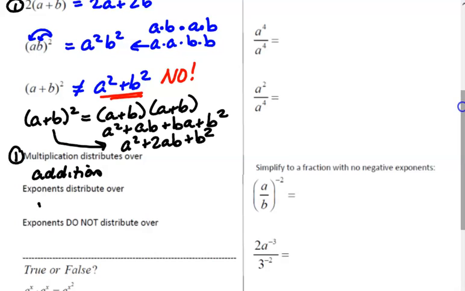Exponents distribute over multiplication because exponents are the operation that is one step higher than multiplication. It also distributes over division as well. So this is number 2.